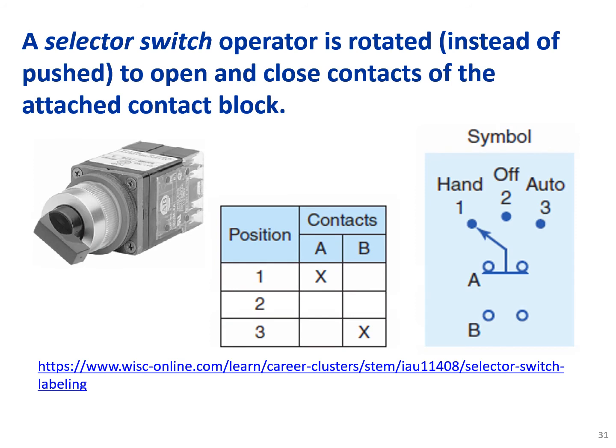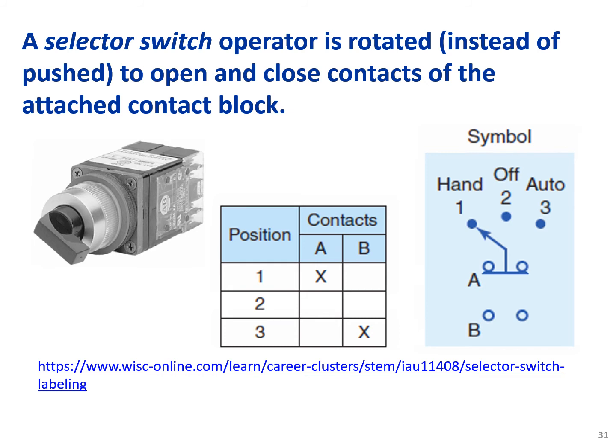A selector switch operator is rotated instead of pushed to open and close contacts of the attached contact block. So you see that we have, for example, three possible positions here. We have two contacts, A and B. On position 1, contact A is closed.